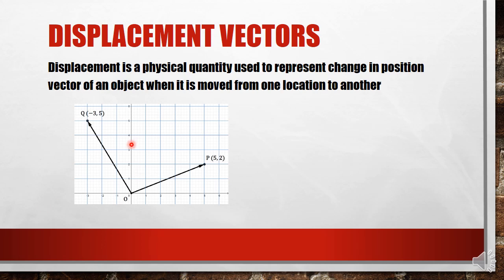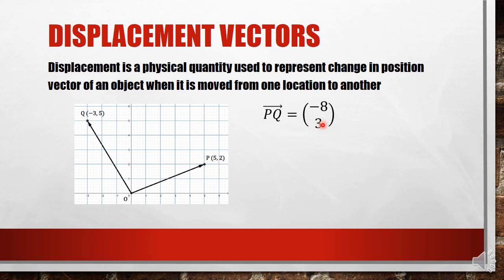OP is (5, 2), OQ is (-3, 5). We want to find vector PQ. It's like we move from P to Q. From P to Q, we move 8 to the left and 3 up. So vector PQ is (-8, 3).